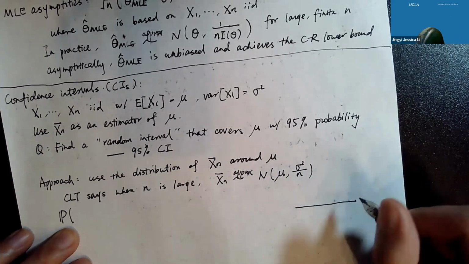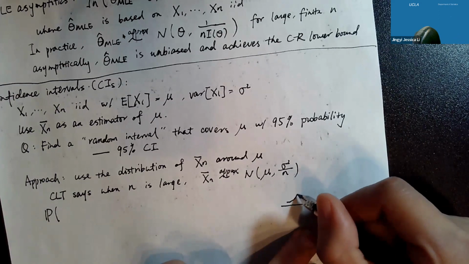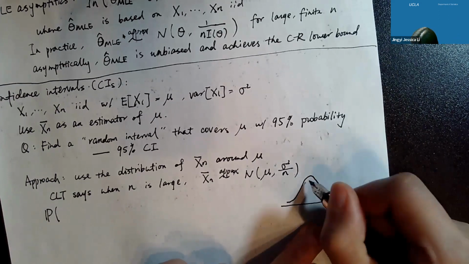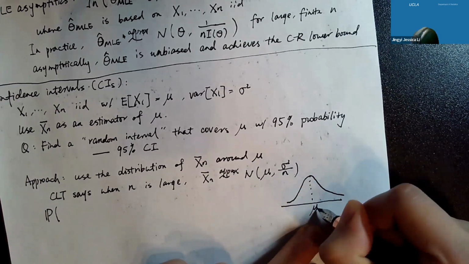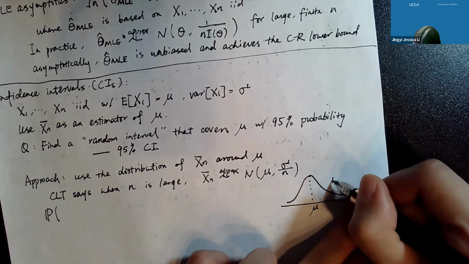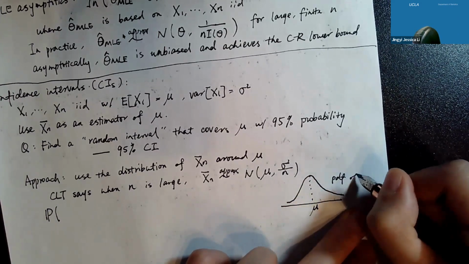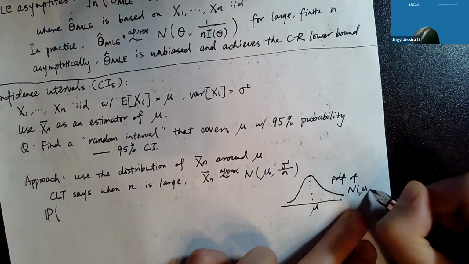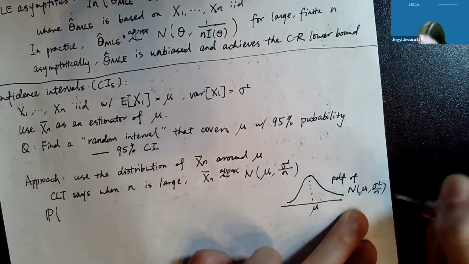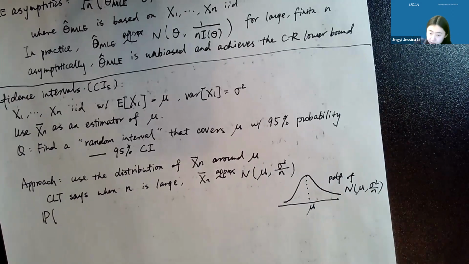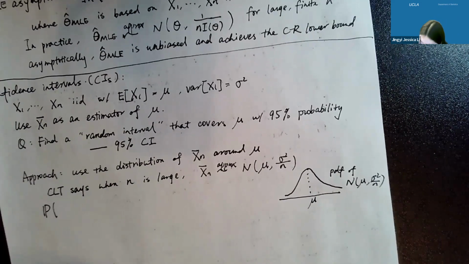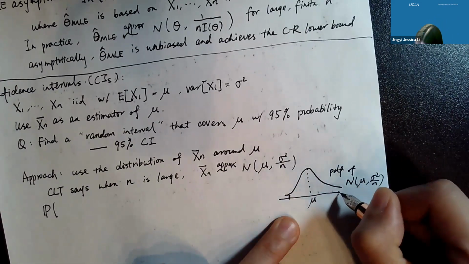Maybe it's better for me to draw the density. Here mu is right here, and this is the PDF of the normal with mean mu and variance sigma squared over n.